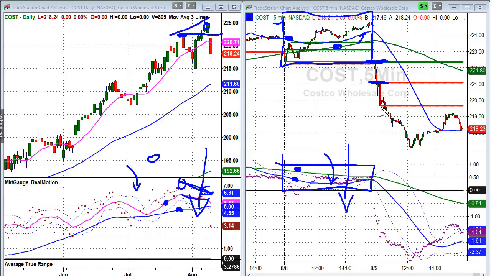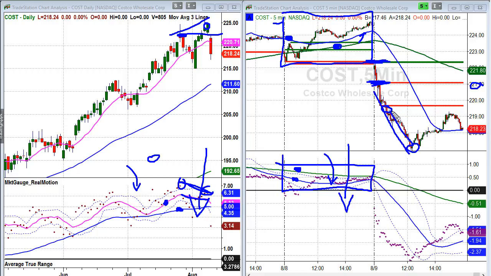That's exactly what we got. As soon as it broke this 5-minute opening range, bam, 221 down to almost 217. That's a huge move. Even if you did the 30-minute, you were able to get a nice day trade out of that. I didn't do the 30-minute because I felt it was a little extended from the open, but the 5-minute was an easy do.